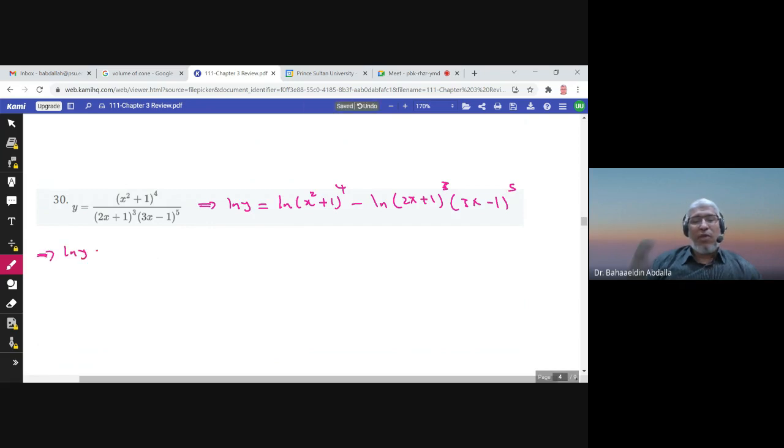And then ln y would be equal to, I can take the 4 out. And here, this is ln product, so I will change it to addition. And the 3, I can take it out, so it would be 3 ln 2x plus 1. And now plus, but there is a minus sign outside, so it would be a minus, and this 5 will come here.